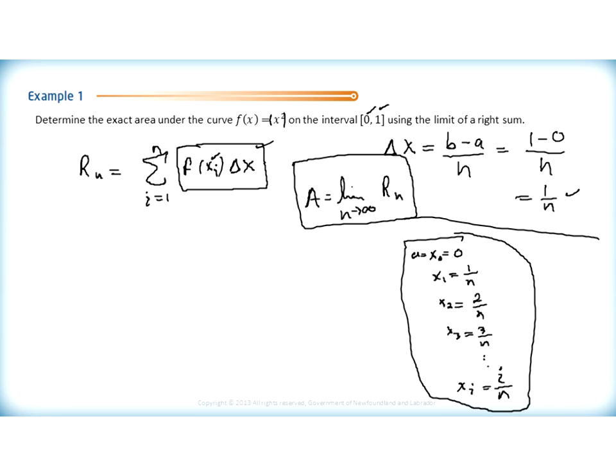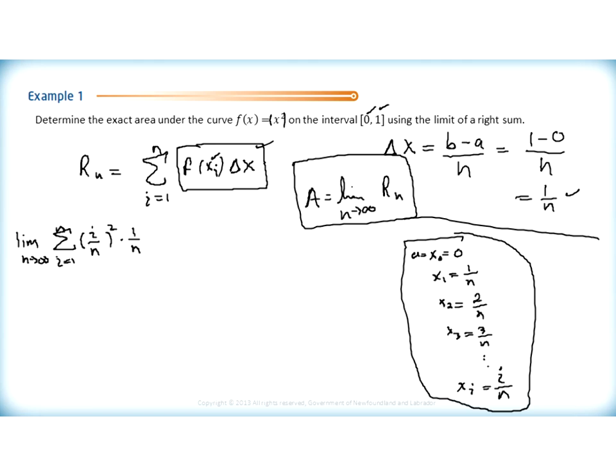So I want the limit as n approaches infinity of the sum from i equals 1 up to n of f of xi. Now f of x is x squared, and xi we just saw was i over n, and we have to multiply by delta x, and delta x in this case is 1 over n.